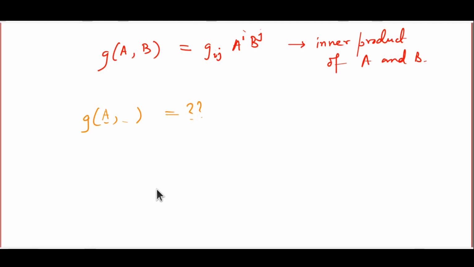What exactly would this thing be? Well, it's easy to see, because of the two original slots that G had for inputs, one has been filled up with this fixed vector A, and you still have the scope of fitting in another vector in the other slot.